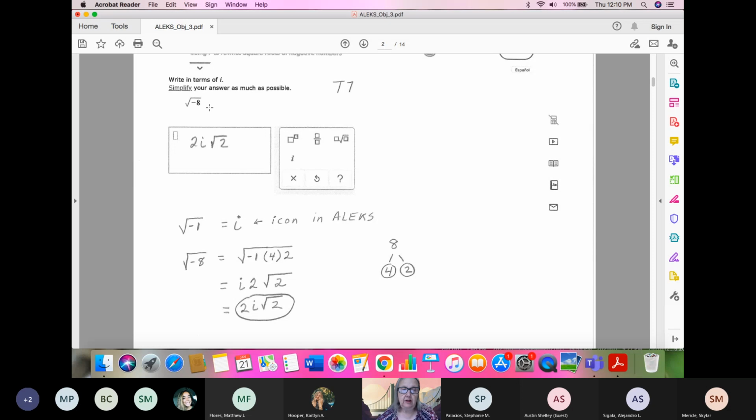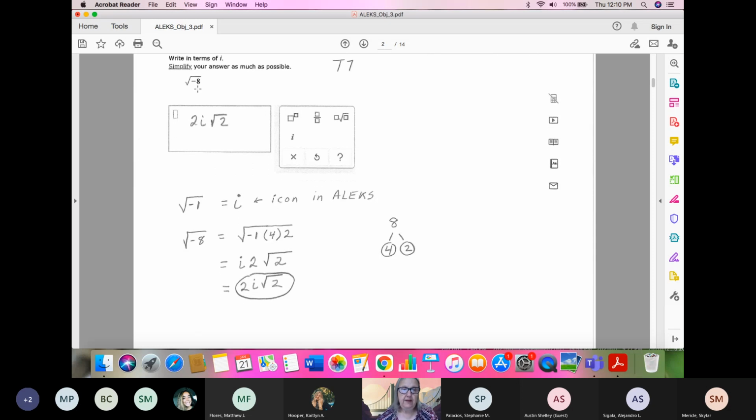So let's take a look. I copied the square root of -8 down here. Since a negative sign is exactly the same as -1, you can take out that negative sign and replace it with -1. 8 we can break down using a factor tree. 8 is an even number, so we can divide it by 2 to get 4. 4 is a perfect square.